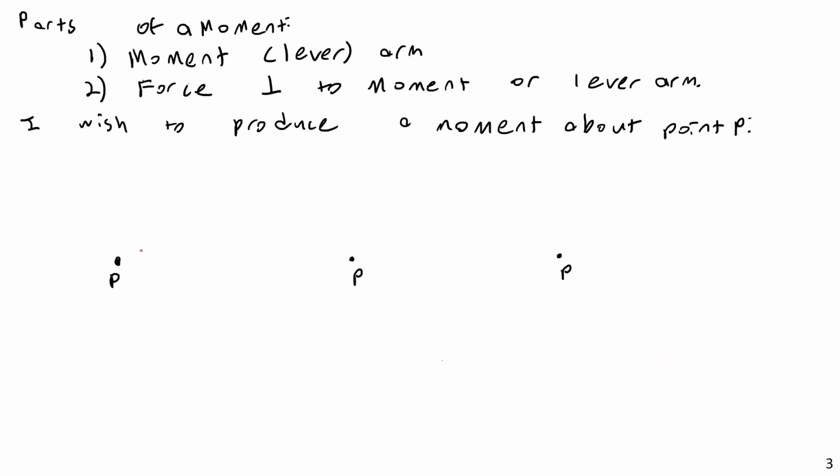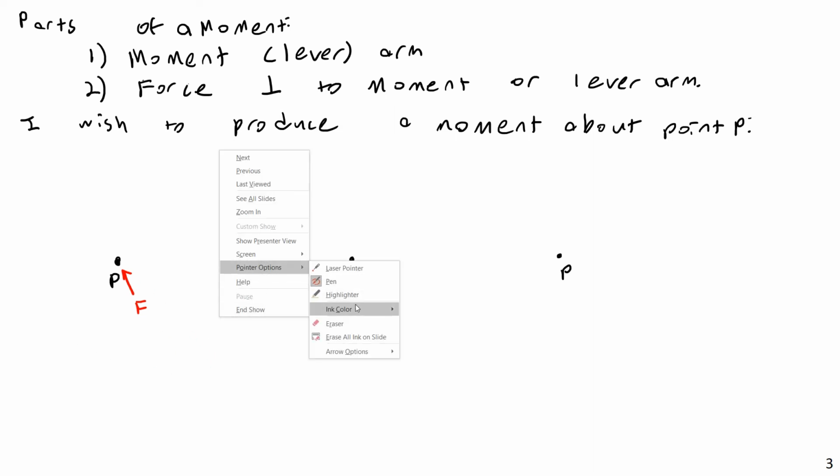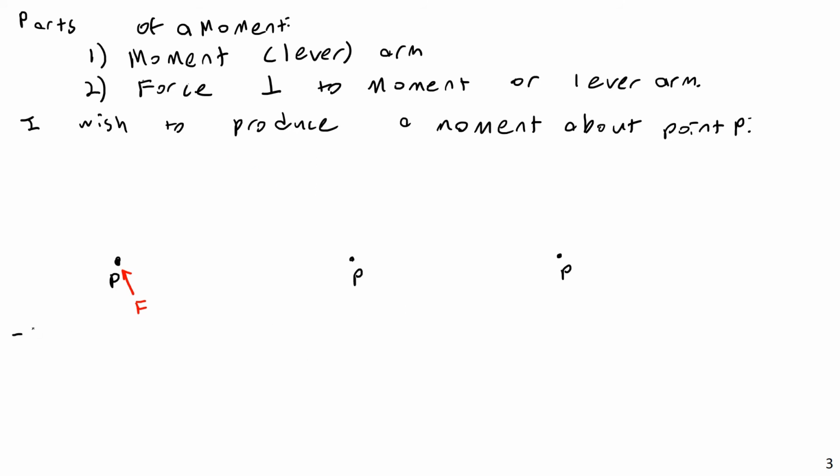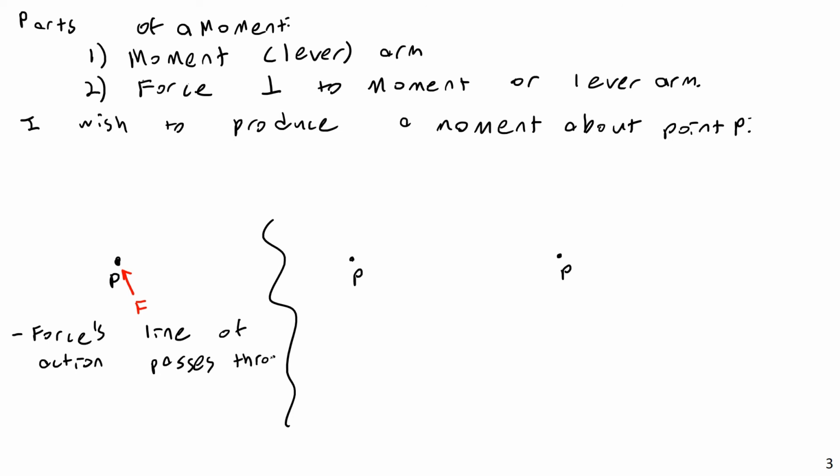So let's say I have a force that's just going right through P. If I have a force directed right into P, there will be no moment. No moment will be generated because the force's line of action passes right through the point. So therefore no moment produced.